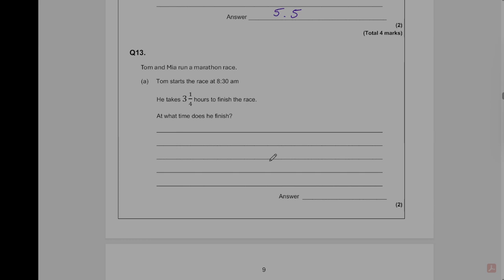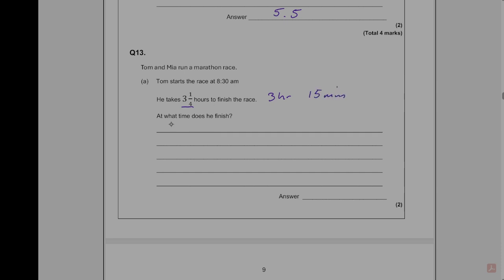Question 13. Tom and Mia run a marathon race. Tom starts the race at 8:30. He takes 3¼ hours to finish the race. What time does he finish? So I'm going to convert this into hours and minutes. So that would be 3 hours and 15 minutes. And then I'm going to chunk my way to my answer.